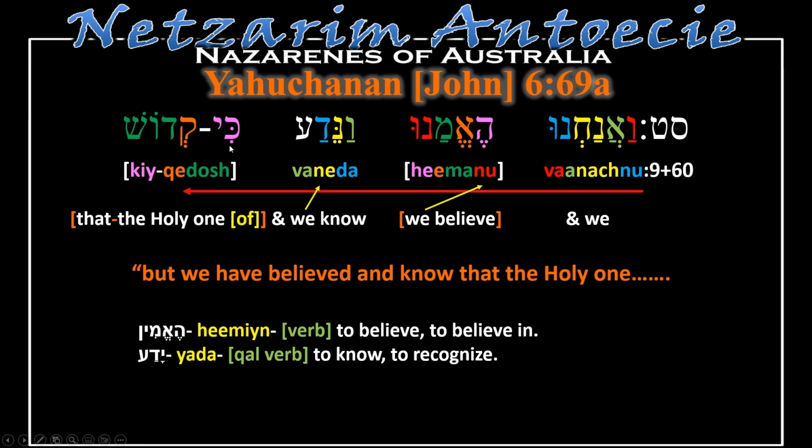Ki, that, because ki can be that, for, or when, so we'll use this that. Kedosh, the Holy One, and I've added of, because we know Kadosh means holy, right? But it means the Holy One of. But we have believed and know that the Holy One.